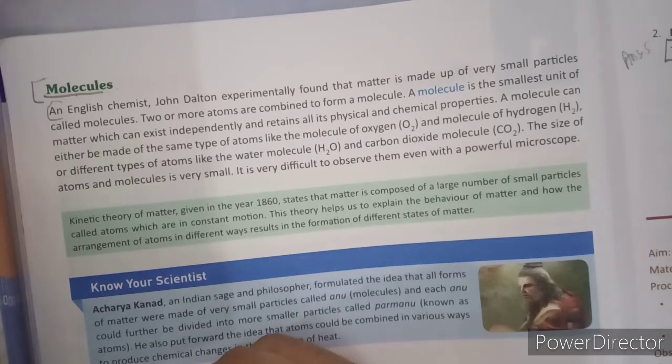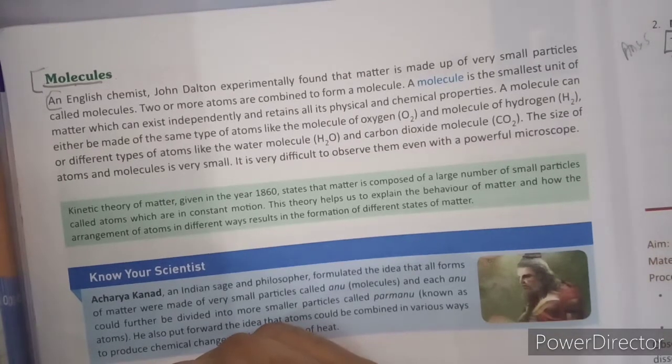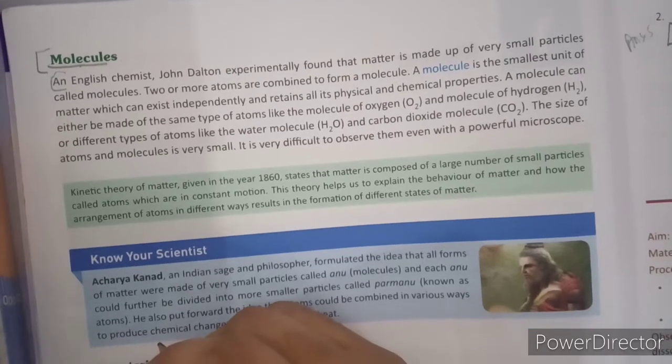A molecule can either be made of the same type of atoms like the molecule of oxygen O2 and the molecule of hydrogen H2, or different types of atoms like the water molecule H2O and the carbon dioxide molecule CO2.